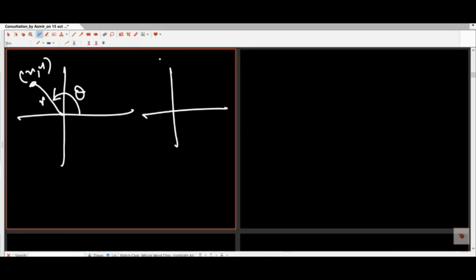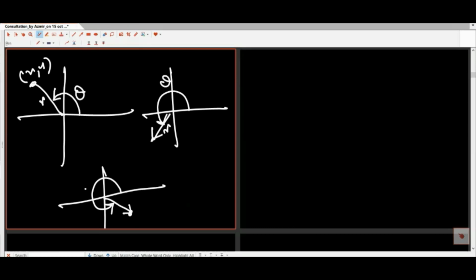Similarly, you can have a point in the third quadrant. This is the angle theta, and this is r. Similarly, we may have a point in the fourth quadrant. From the positive x-axis to the line, we get theta, and this distance is r.